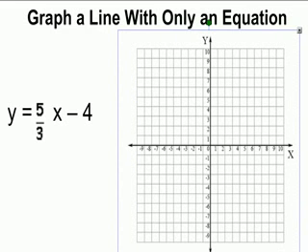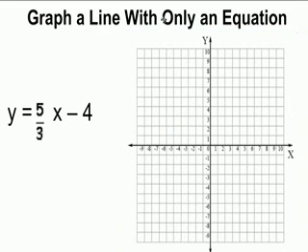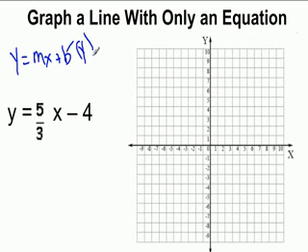Now, what if we wanted to graph a line if we knew the equation? Well, this is simple as well. Now, in our equation y equals mx plus b, b is where it intersects with the y-axis. So in our line, where it intersects with the y-axis is negative 4. So on our graph, we're going to go negative 4. 1, 2, 3, 4.